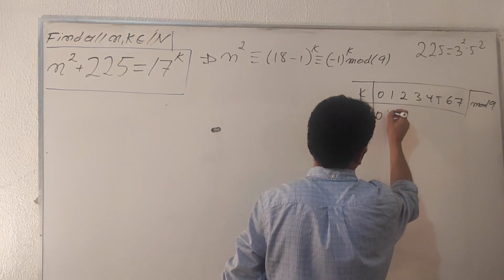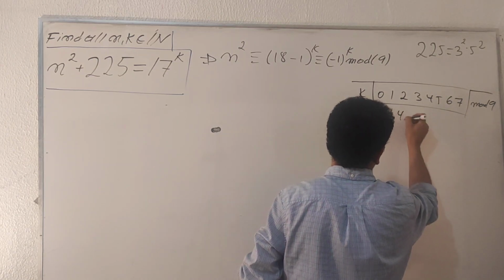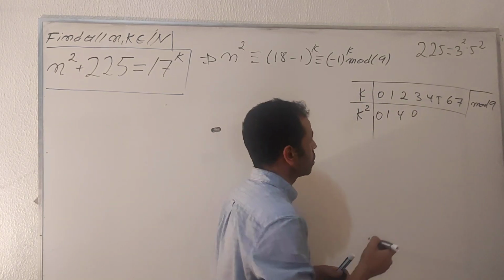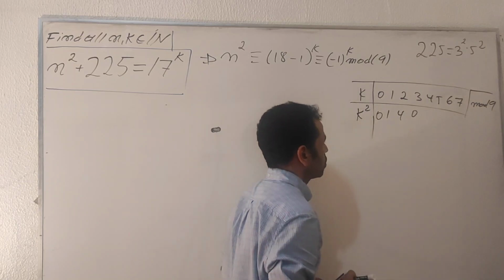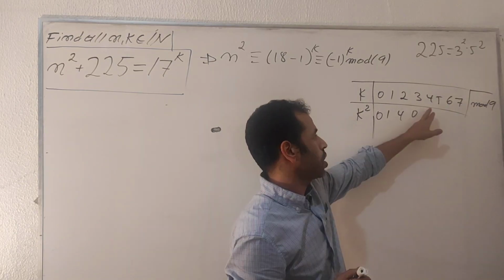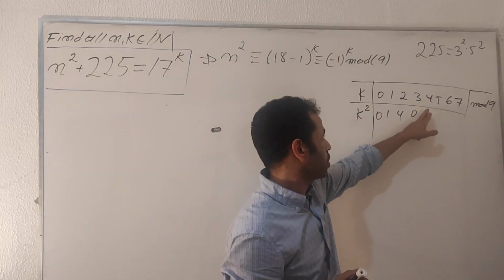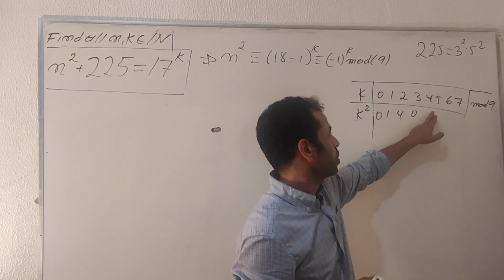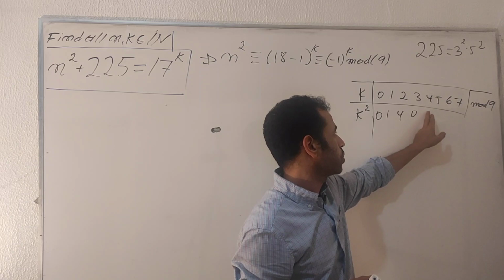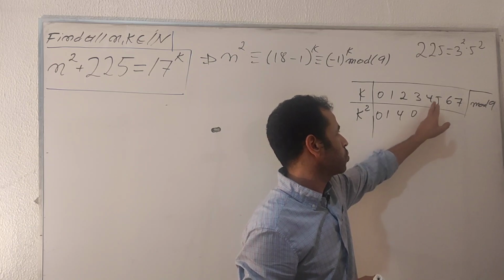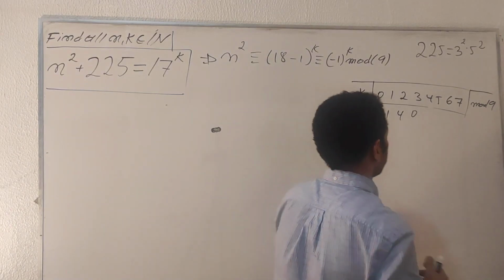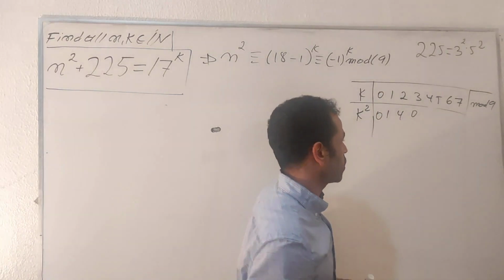I get 0, 1, 4, and 9, which is remainder 0. For 4 squared, which is 16, I have a choice here. I can put it as a remainder 7, because from 9 to 16 we get 7, or we can put minus 2 because we need 2 more to reach 18. Let's put positive remainders to make it clearer.